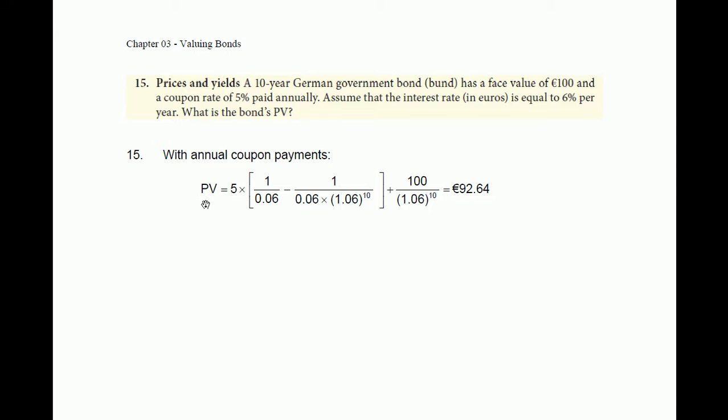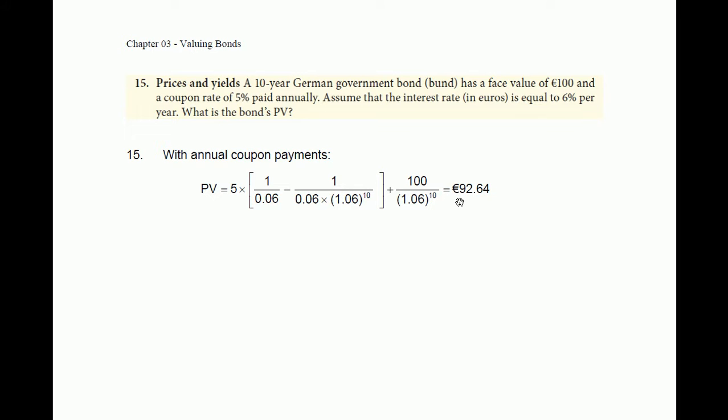So to calculate the present value, we have to discount the future cash flows and principal repayment. This part is the coupon cash flow, and we can discount using the formula in the book. And this part is the present value of the principal repayment.